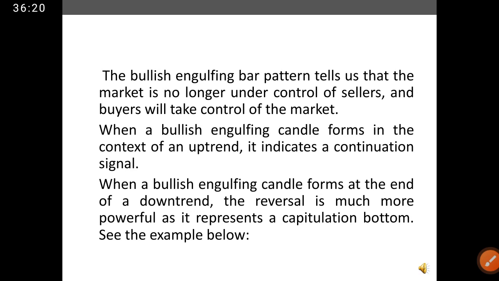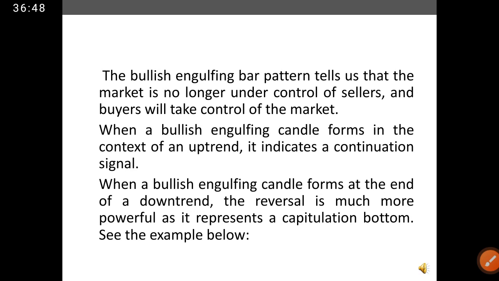Or price was going down, then suddenly you see a bullish engulfing bar in a major buyer's zone, that's a major support zone. So it means a reversal is about to happen. So you can get ready to buy after you have confirmed it with other technical tools.